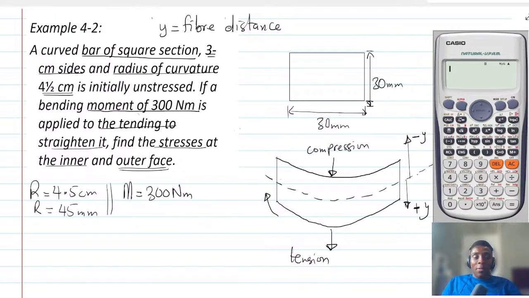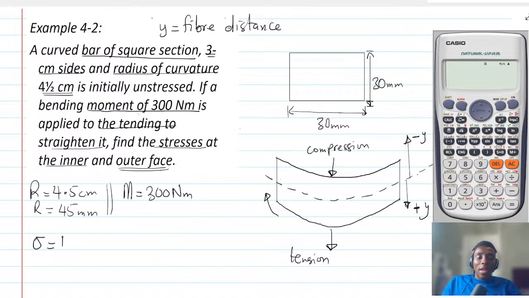Now, at this juncture, I want to show you something. First of all, let me write the stress equation. There is a horrible formula. Memorize the formula, but if you want to memorize it, then it's up to you.